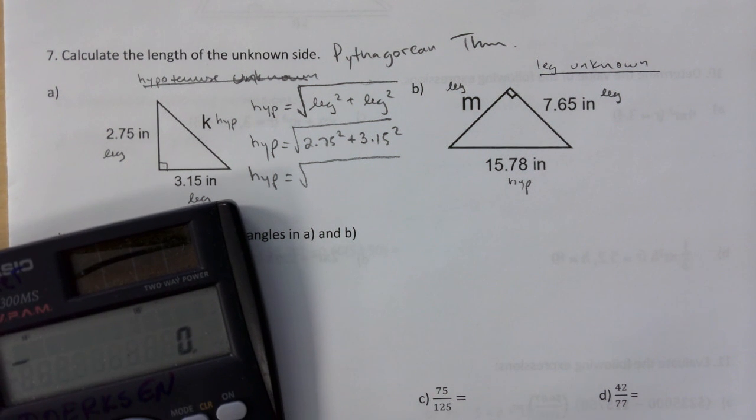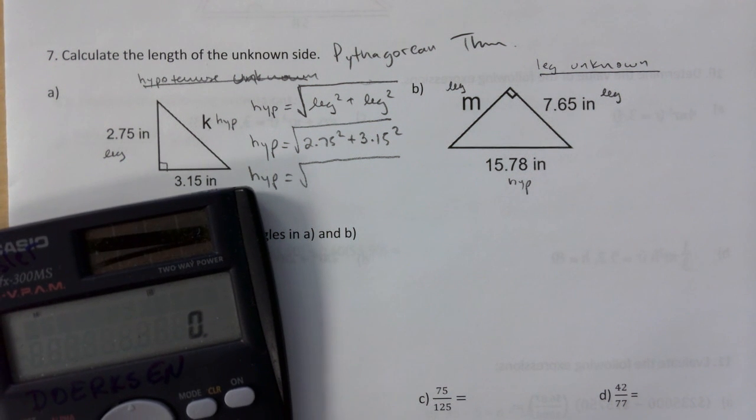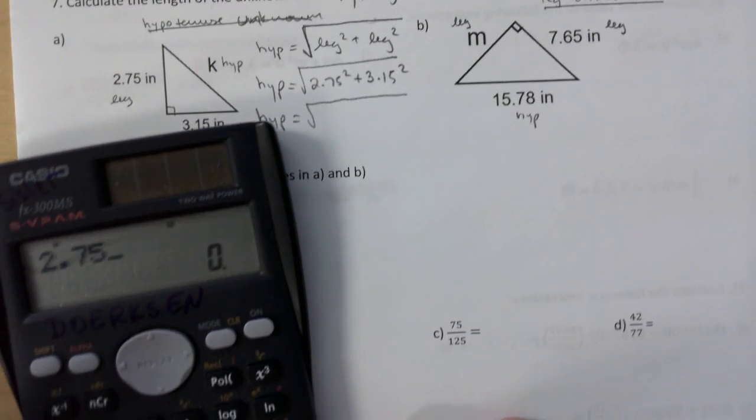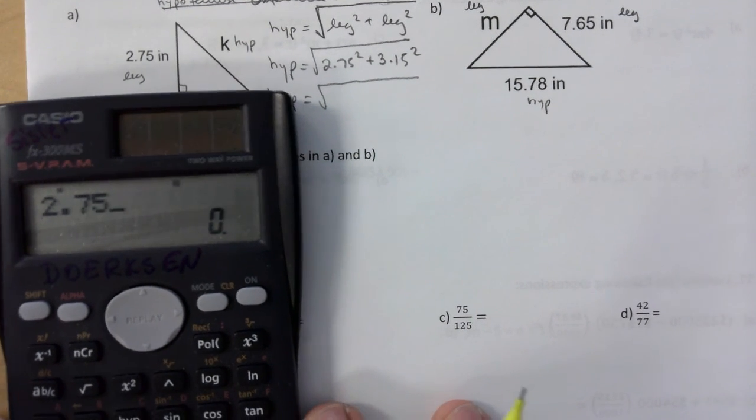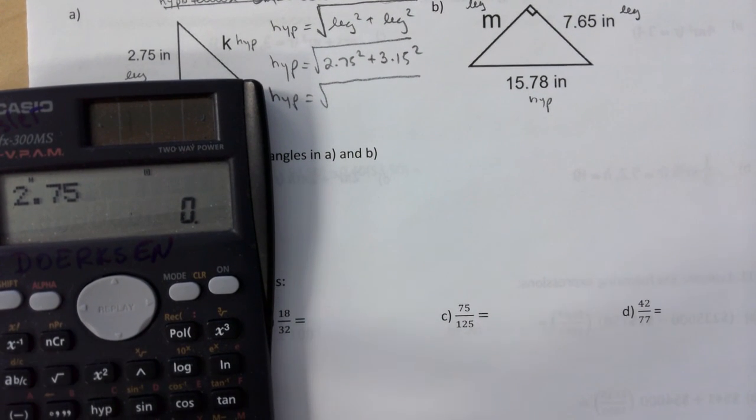And I'm going to stop after this. I might do this one yet, and then we're done. And so everything I circled or told you to try, please try it. So 2.75 squared. I have an x2 button, by the way. How do you square, Mr. Dirksen? If you have one of these x2 buttons, you're going to have a lot easier time.